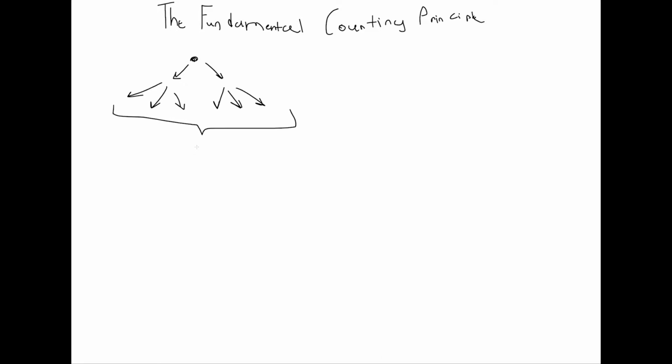But if it got more complicated than that, with bigger numbers, then you would need to use something called the fundamental counting principle. So what you would do is you would take the first number of ways to do something. So there are 2 paths you can take at first, right? And then after that, there are 3 paths you can take for each branch, right? So there are 3. Now, if you multiply those together, you get the number of different ways, number of different places you can end up, right?